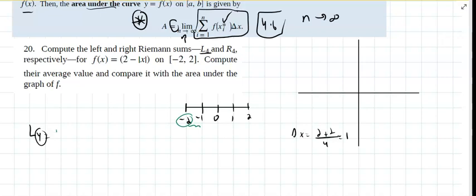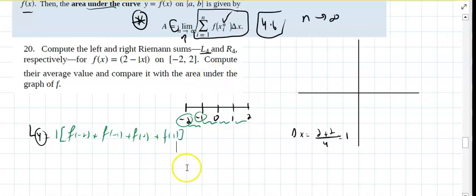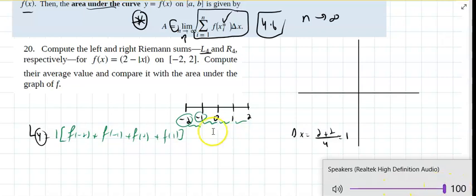1 times f of -2. When I look at the second interval, I take the left endpoint. When I look at the third interval, I take f of 0. And when I look at the last interval, I take f of 1. So that would be the actual left-hand approximation.